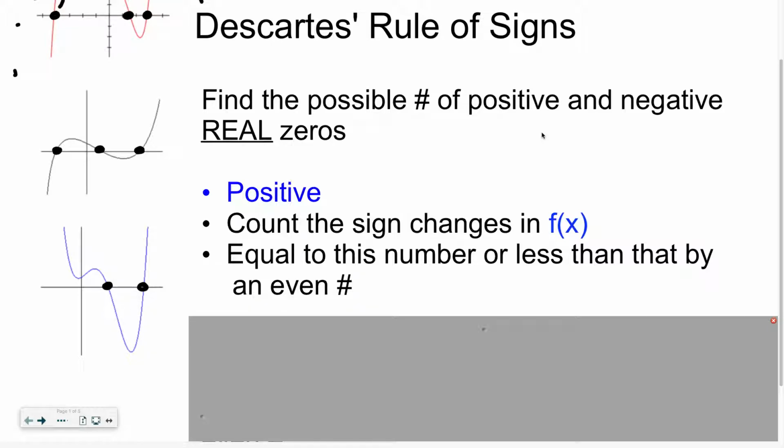So that's the regular polynomial. The number of possible positive real zeros is then equal to the number of sign changes, or less than that by an even number.